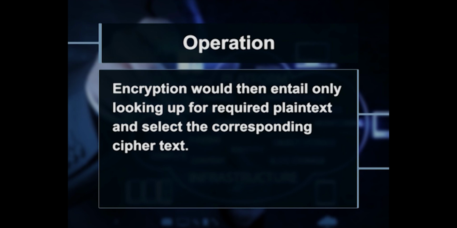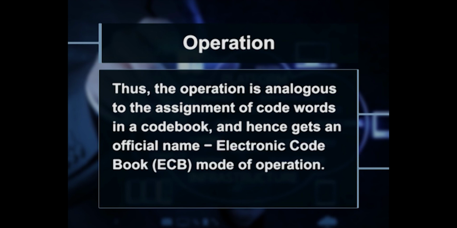Encryption would then entail only looking up the required plaintext and selecting the corresponding ciphertext. Thus, the operation is analogous to the assignment of code words in a codebook and hence gets its name: Electronic Codebook Mode of Operation, ECB.